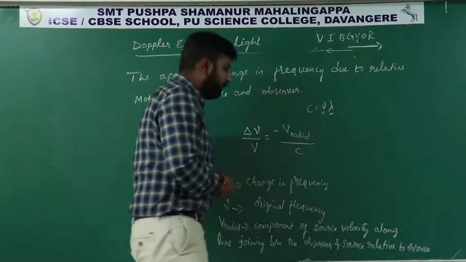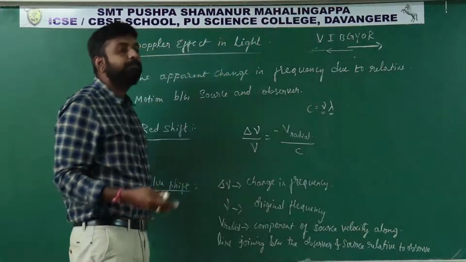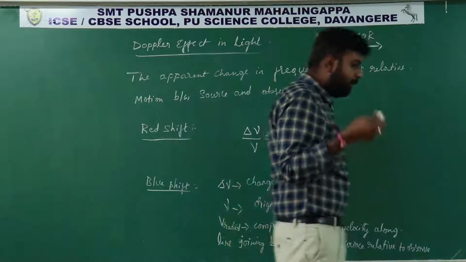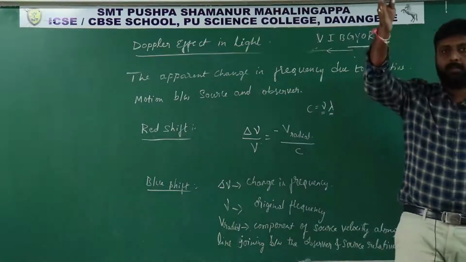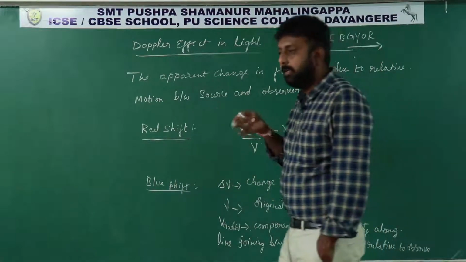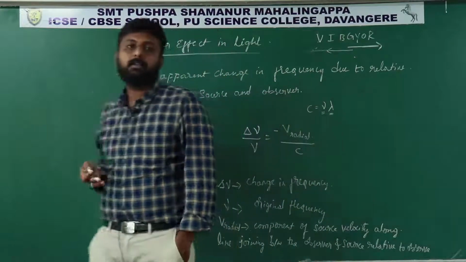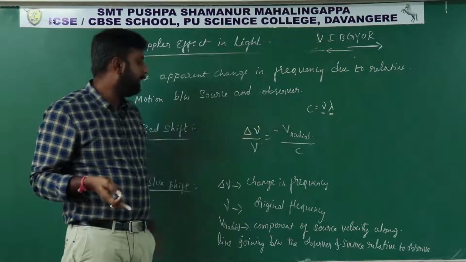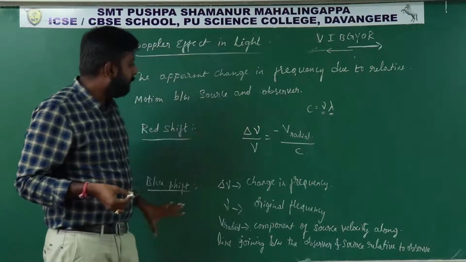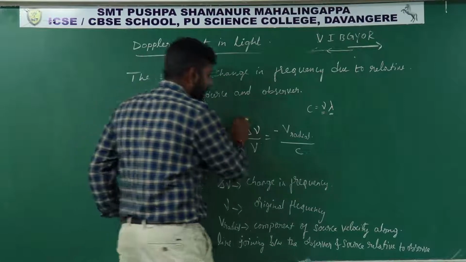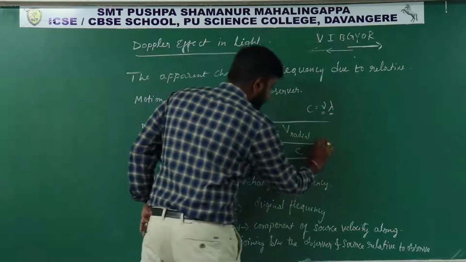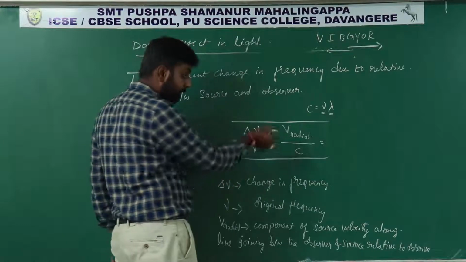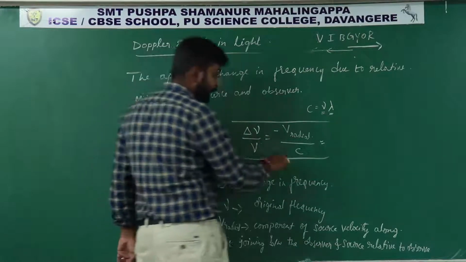So the galaxy is moving away from us, and velocity is a vector, so we have to consider which component is acting towards the observer. That component we have to consider. So that velocity is the radial velocity. You have to remember this formula: change in frequency by original frequency is equal to minus V radial by c.